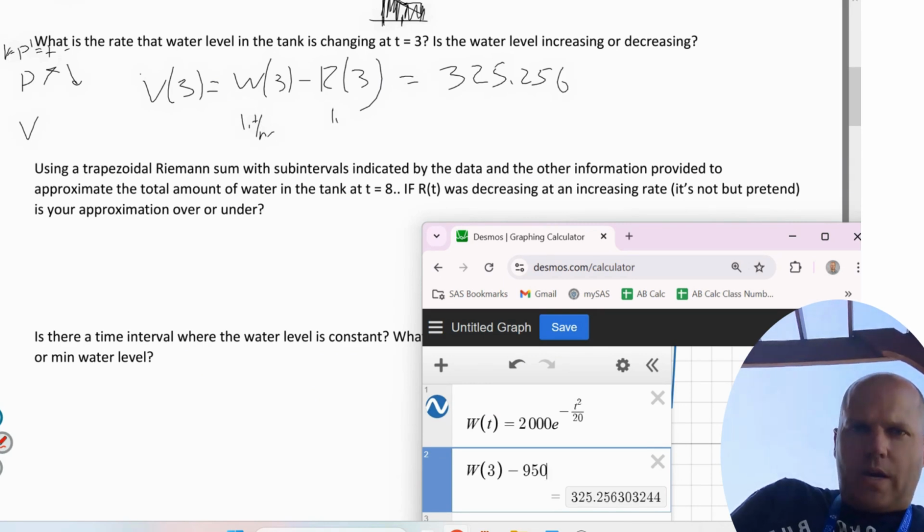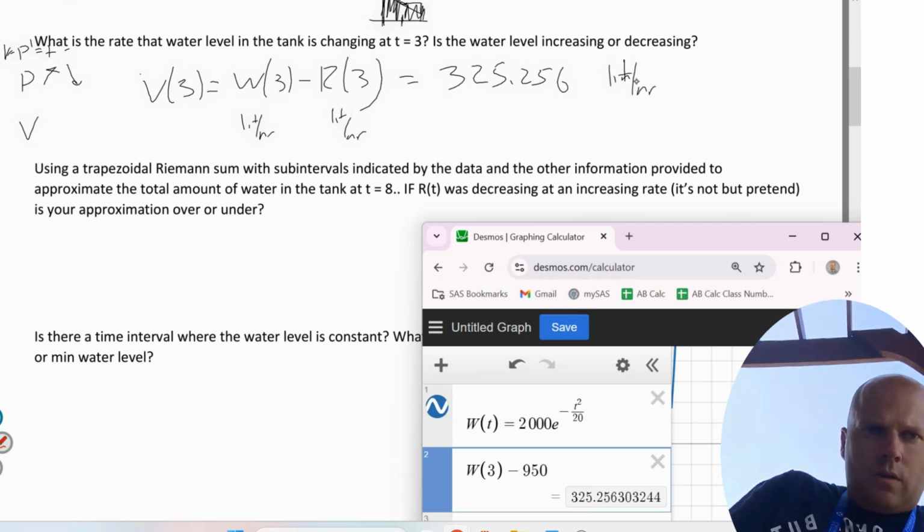Therefore, this is in liters per hour. So the water level is increasing by this many liters per hour.